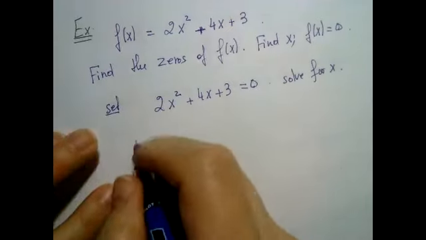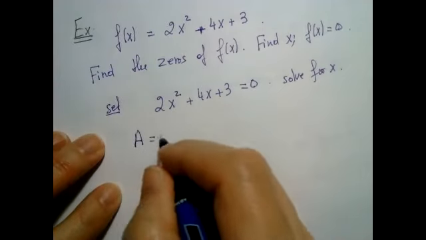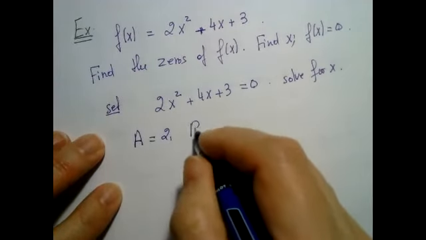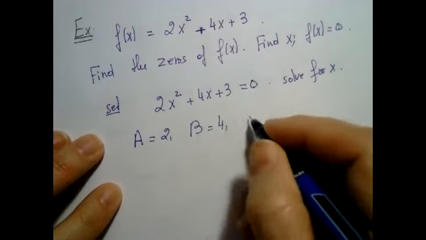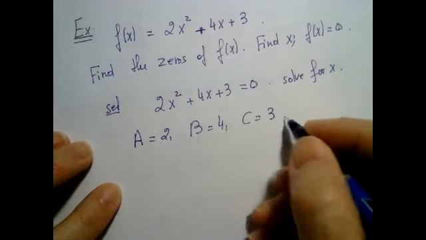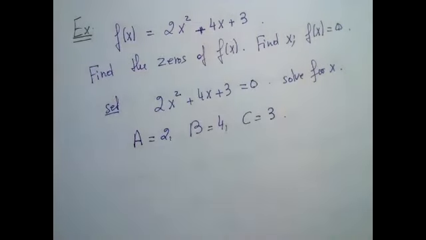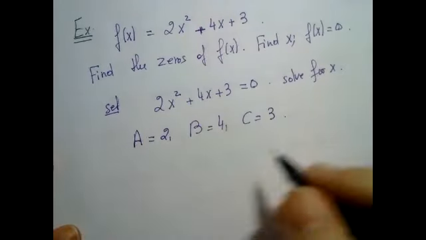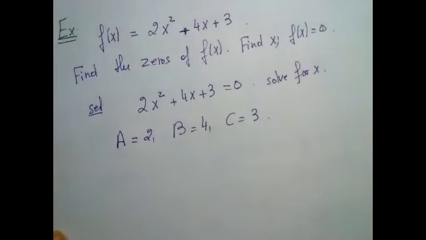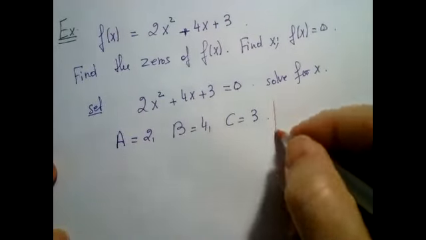So to use the quadratic formula, first I need to identify the a, the b, and the c. I will write here the quadratic formula to remind you what it is.